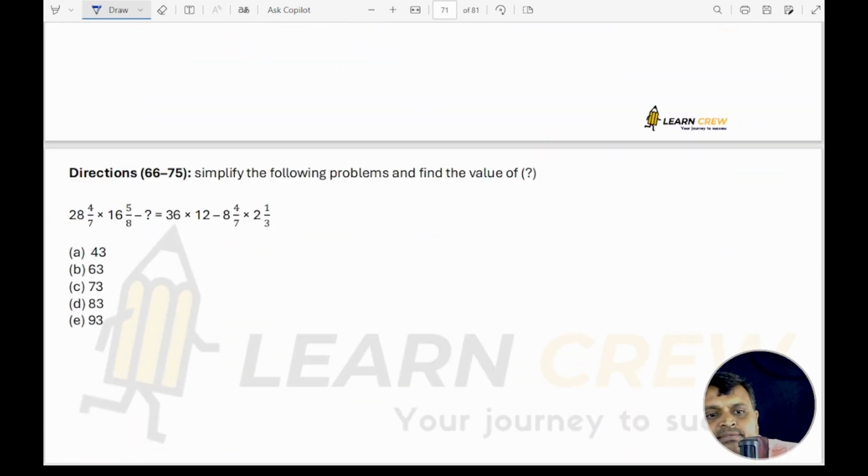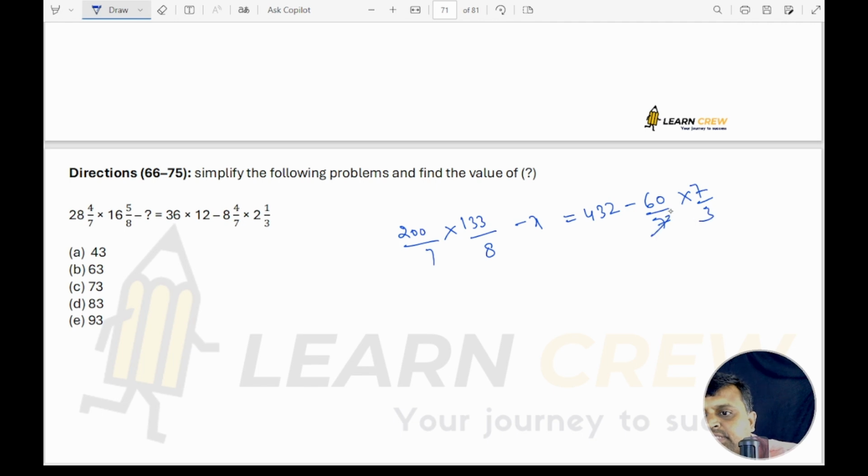28 4 by 7. 28 sevens are 196 plus 4, 200. 200 by 7 into 16 eights are 128 plus 5, 133 divided by 8, minus x is equal to 36 twelves are how much? 432. 8 4 by 7 is 60 by 7, and 2 1 by 3 is 7 by 3. 7 7 cancel. 3 twenties are 60.